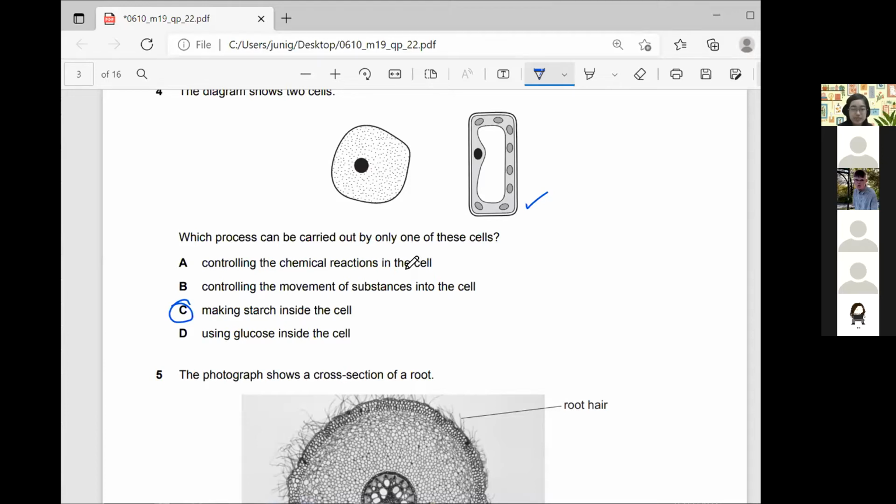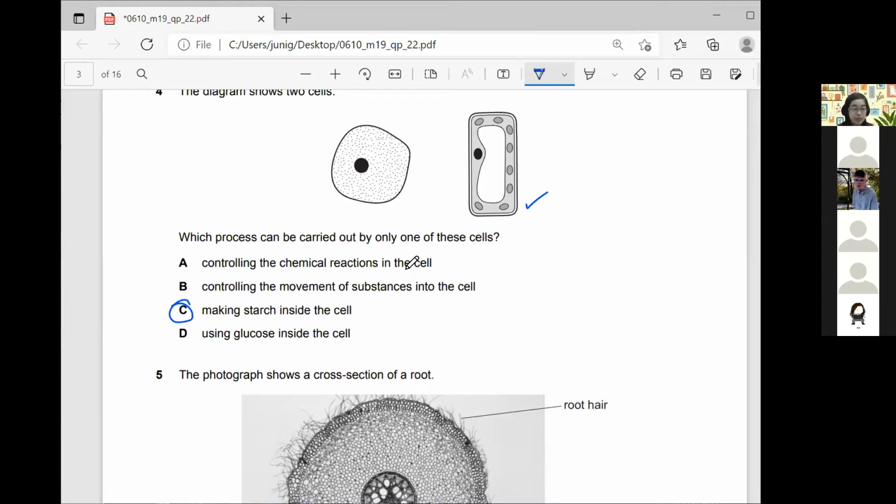Why B cannot? Controlling movement of substances in and out of the cell, that is the function of the cell membrane. Now you see both the animal and plant cell, they both have membrane, no? So yeah, both can control the movement of substances in and out of the cell. How about D? Okay, why is it not D?